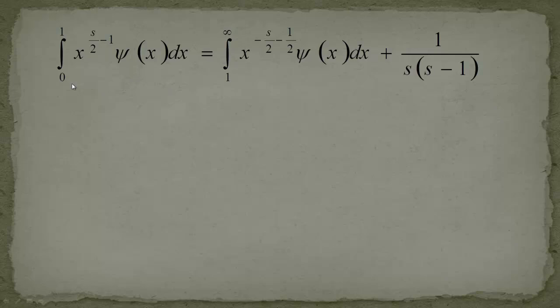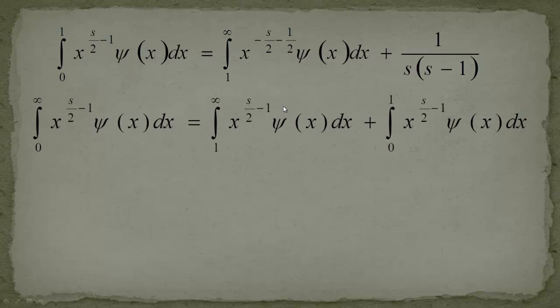So we found out that the integral from 0 to 1 of x to the s over 2 minus 1 psi x dx is equal to the integral from 1 to infinity of x to the minus s over 2 minus 1 half psi x dx plus 1 over s multiplied with s minus 1. So let's plug this into the first step.